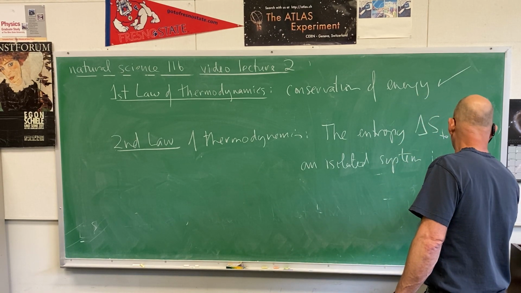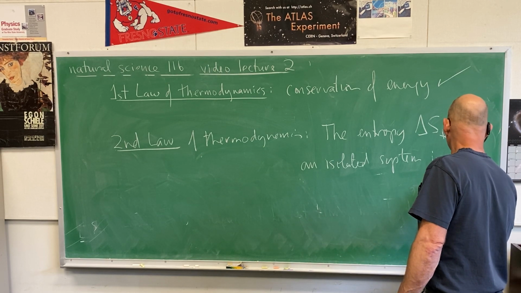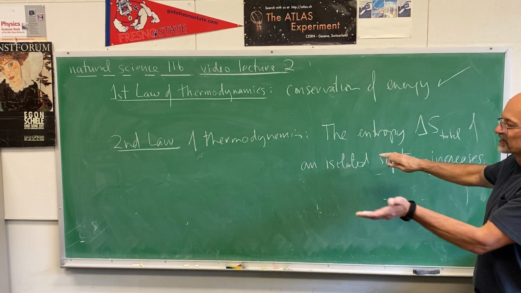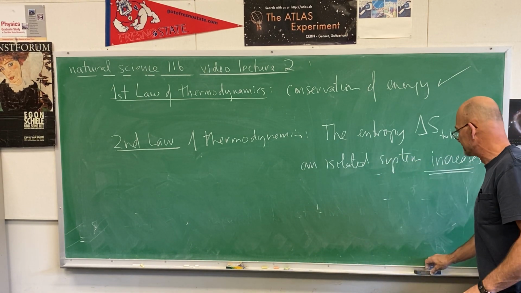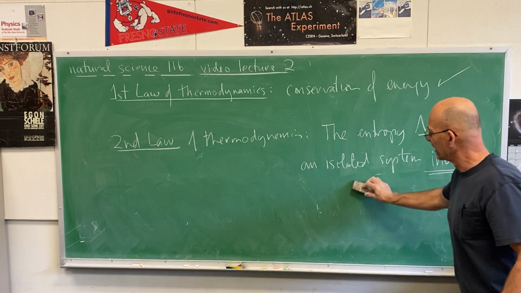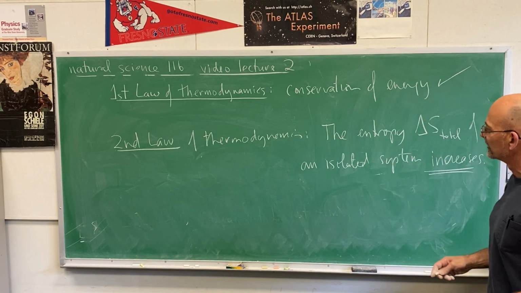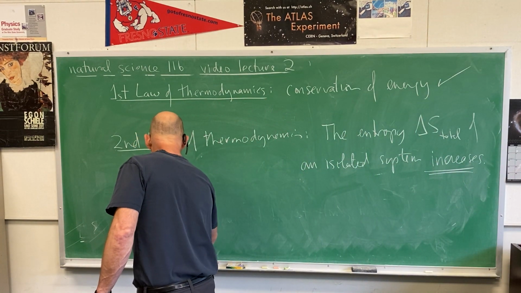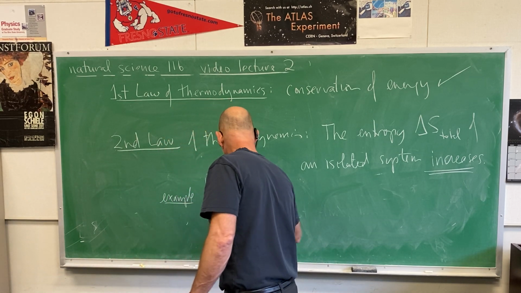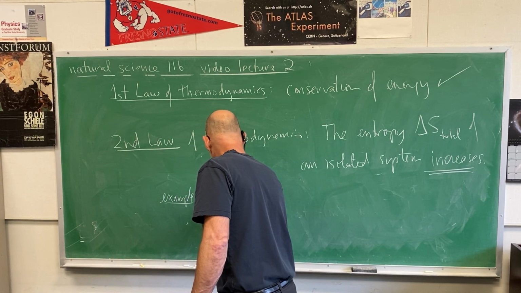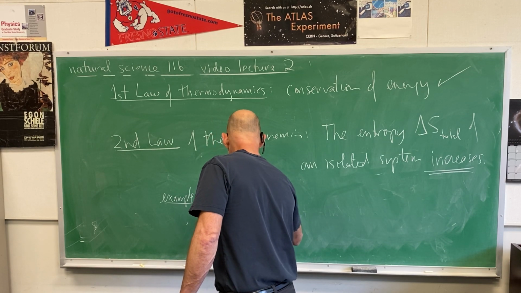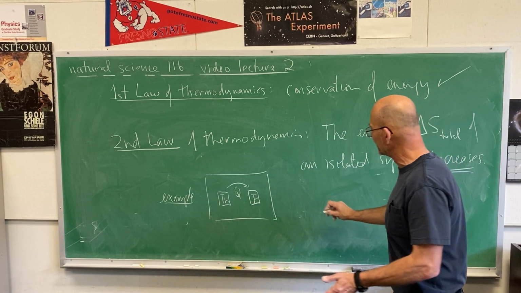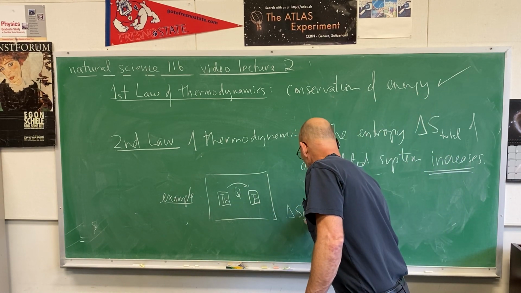That's it. Entropy of an isolated system increases, and you can use as the limit that stays constant, but you know it's never going to decrease. Entropy of an isolated system increases, and the example here is going to be what I just had. So we'll make our cartoon this: TC, Q flowing here. And for this isolated system, delta S total.